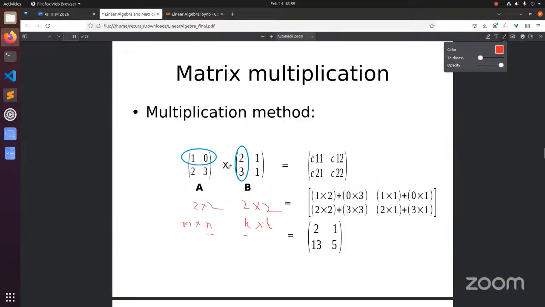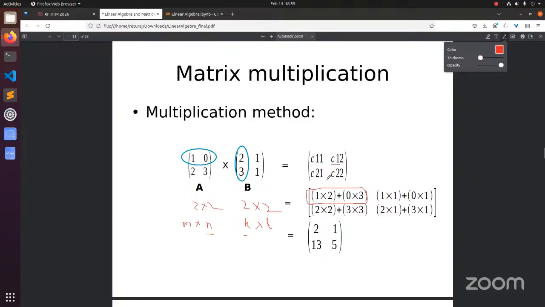So you take each element, 1 into 2, and 0 into 3, and then you add them. This is one element. Similarly, when you want to find the second element, C12, you take 1 into 1 plus 0 into 1.